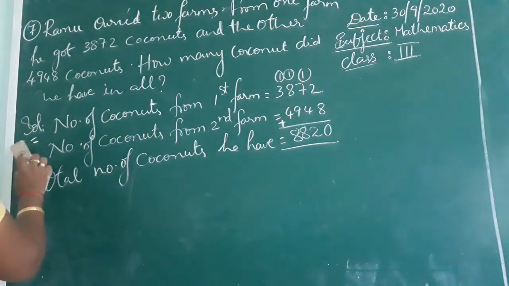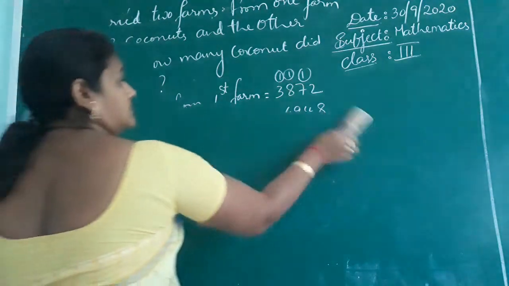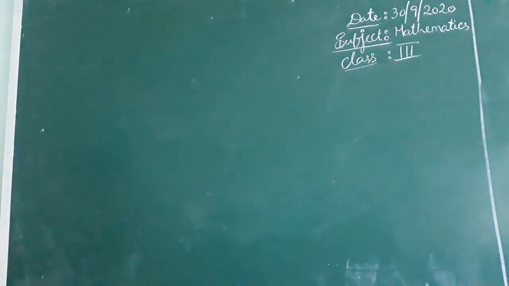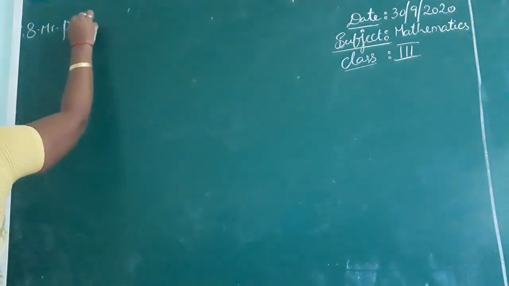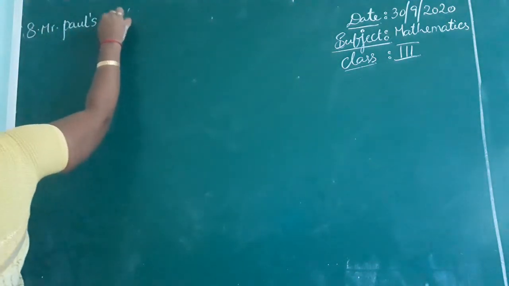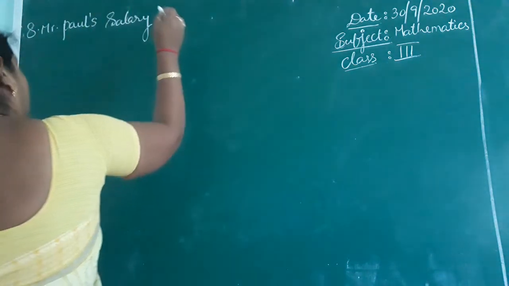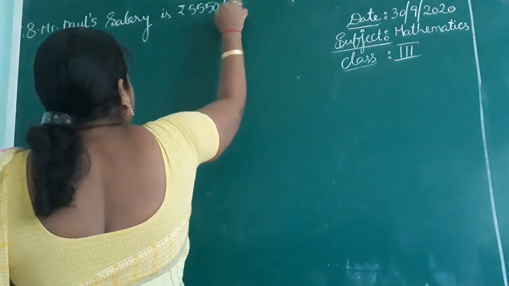The eighth one. Mr. Paul's salary is 5,550 per month.